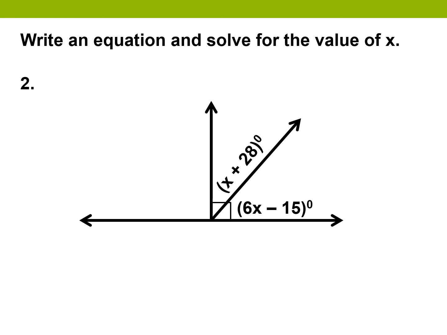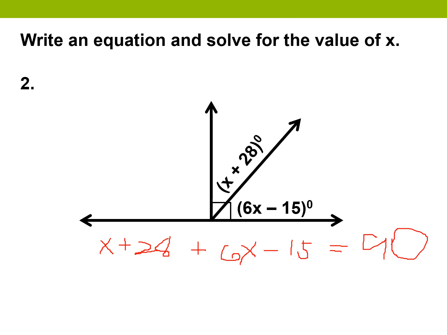So we have x plus 28 plus 6x minus 15 is equal to, sum is 90, right?